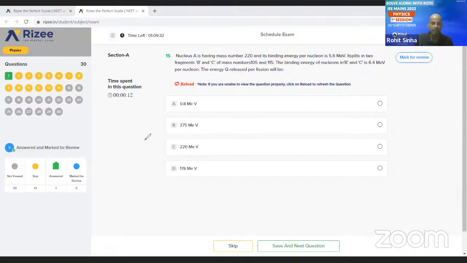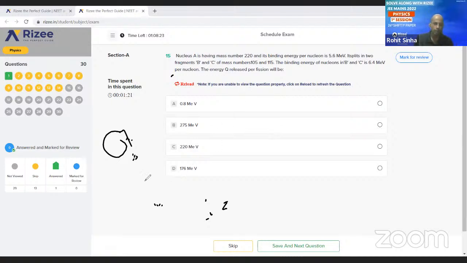According to the question, a nucleus A has a mass number of 220, and its binding energy per nucleon is given as 5.6 mega electron volt.